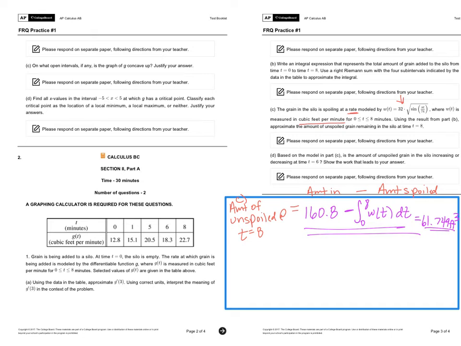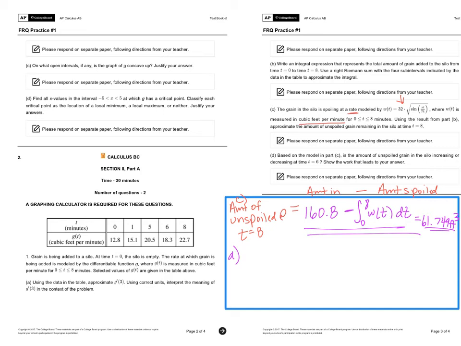All right, last part, letter D says, based on the model in part C, is the amount of unspoiled grain in the silo increasing or decreasing at t equals 6? Okay, think about what that's saying. We looked at t equals 8. Right at that moment, you take the amount that's in minus the amount that's spoiled.